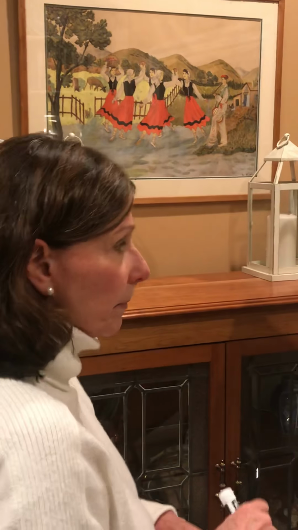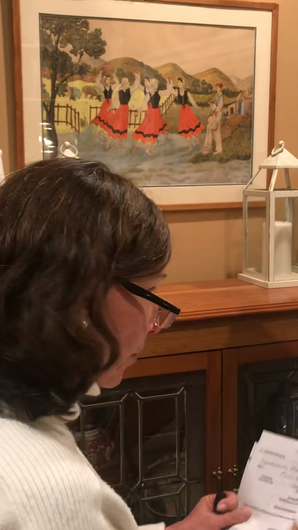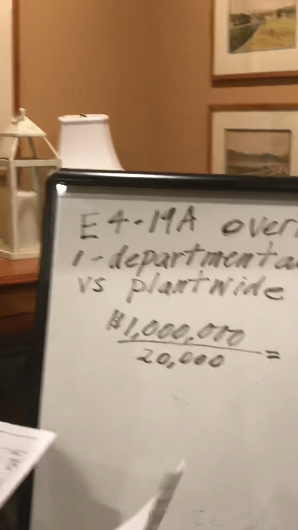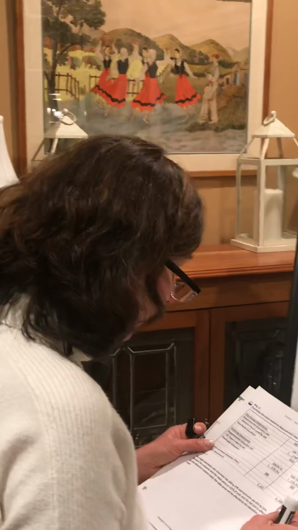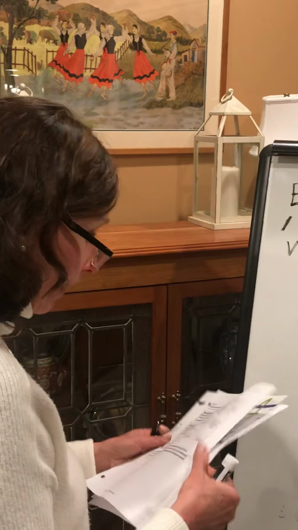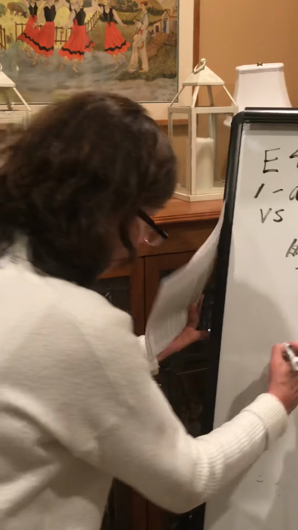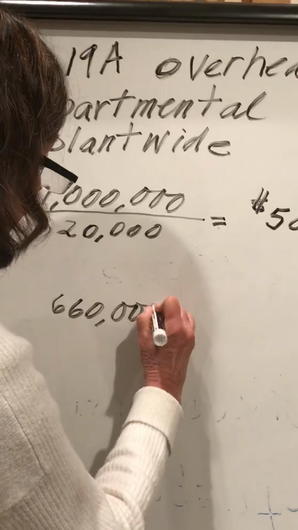Okay, now, this same company actually has two separate departments. They have a machining department, and they expect that they are going to spend $660,000 in overhead for the machining department.